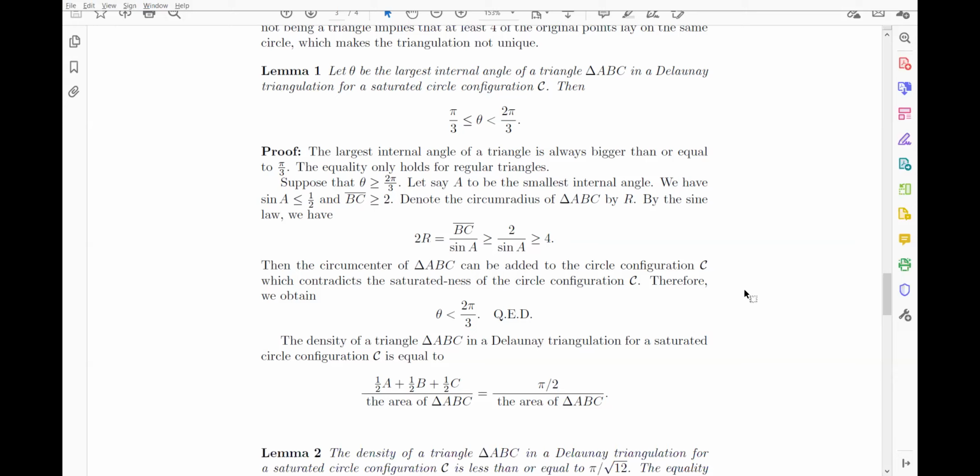Only depends on the area. But I'm saying 1/2 a, 1/2 b, 1/2 c, that's always going to add to pi over 2. So are we basically just defining the density to be half the angular measurement divided by the area of the triangle?